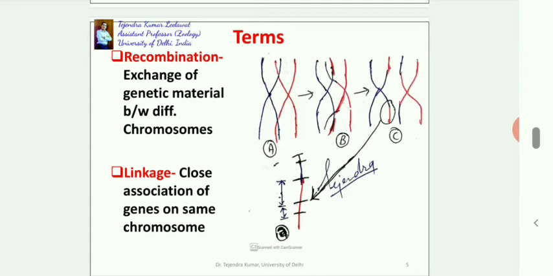So these encircled regions get exchanged.